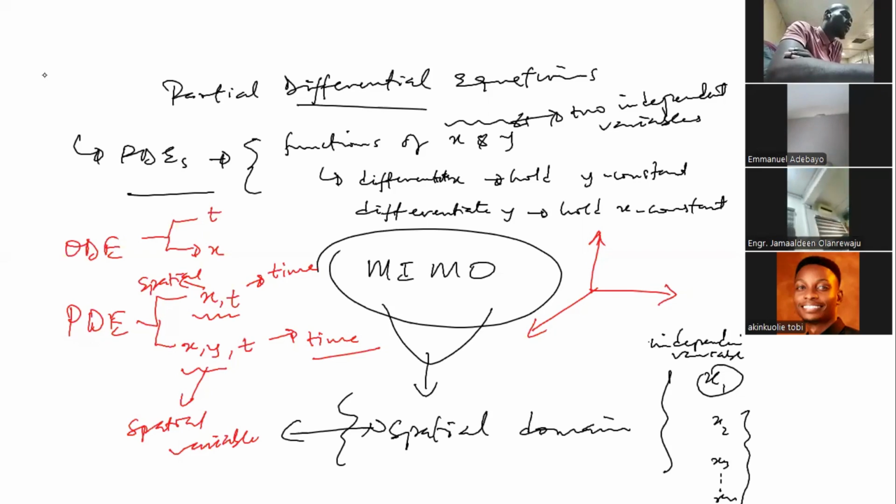And for us to go any further, I would love us to just run through a brief background, because the idea is, fine, we want to solve partial differential equations. So we also need to understand what these partial differential equations are and what the types of partial differential equations are. Now, some of you may have heard of hyperbolic partial differential equations, parabolic partial differential equations, and also elliptic partial differential equations. So we'll try as much as we can within the space of time to run through this, and then also look up some of the numerical methods that we can use to address these problems.